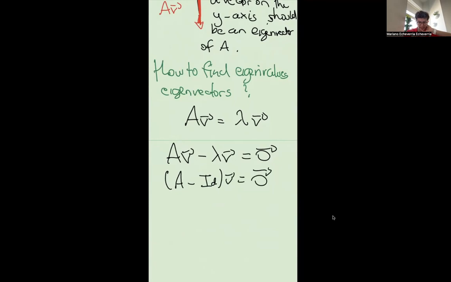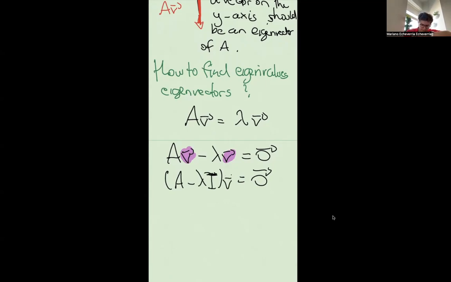You just have to be careful. Oops, there should be a lambda here. Sorry about that. And let me just put I for identity. So that's what this equation becomes.